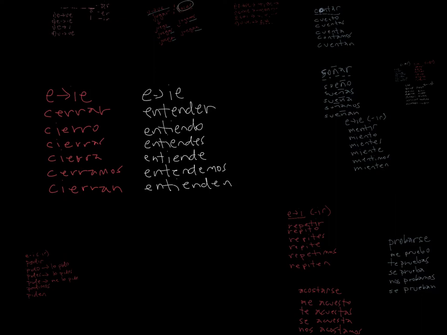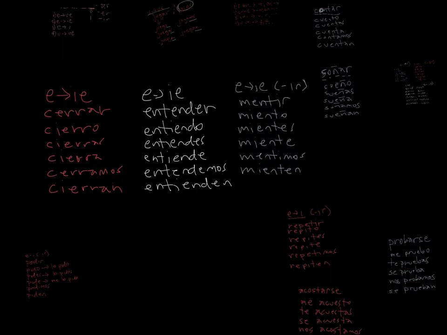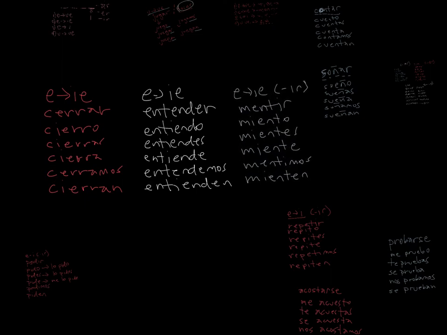And then we did a last verb, which was to lie. To lie is going to be mentir, miento, mientes, miente, mentimos, mienten. Again, nosotros never has a stem change. Okay, we're going to group these together, and we're going to take them away.